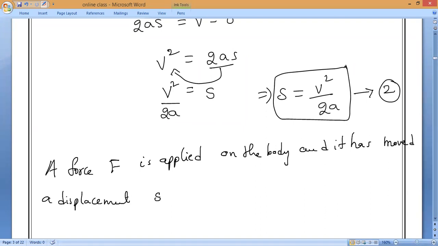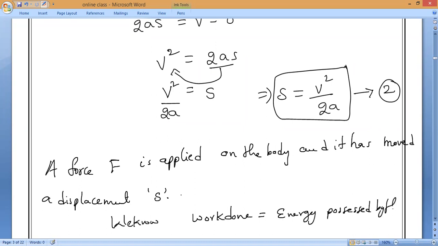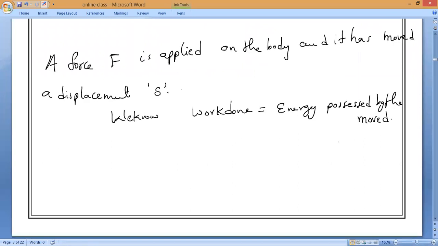Work done by the body is equal to the energy possessed by the body. Is it a moving body or a stationary body? Moving body. Moving body means which energy? Kinetic energy. That is what you have to remember.